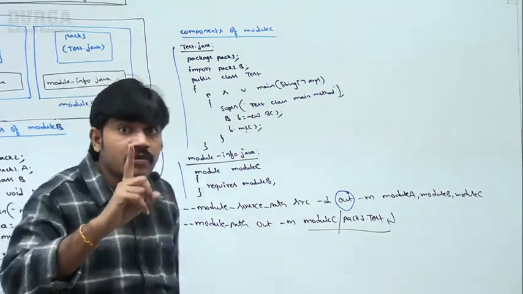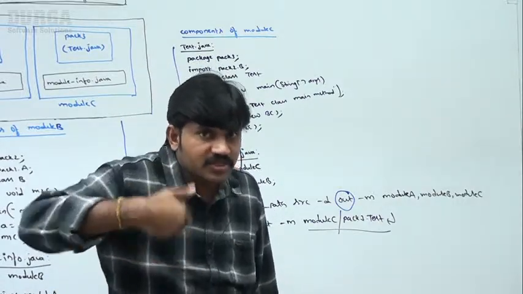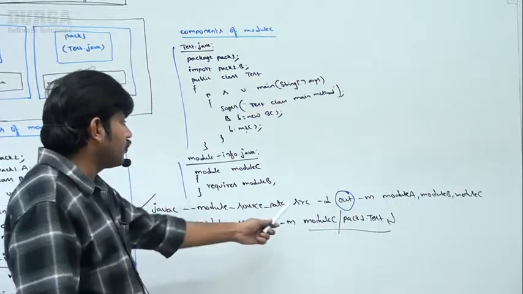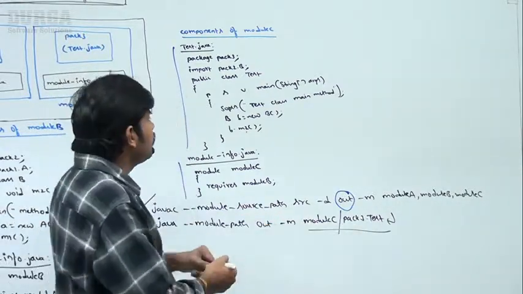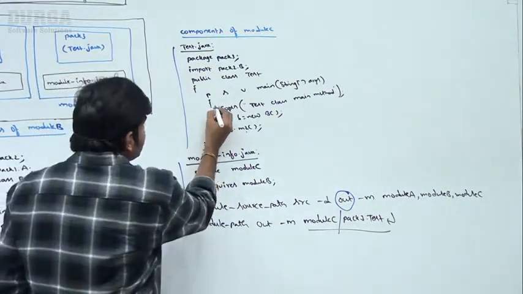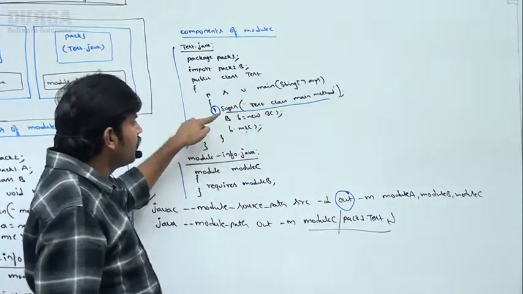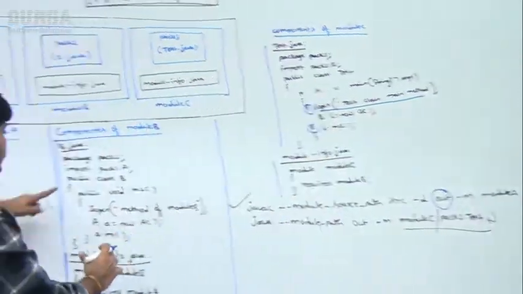Now, observe the flow. If you are able to understand this flow, then I will start on the possibility of a NoClassDefFoundError, right? I'm trying to execute moduleC/pack3.Test. Immediately, control goes to the main method. System.out.println: the Test class main method is going to execute, which is going to call the B class M2 method.